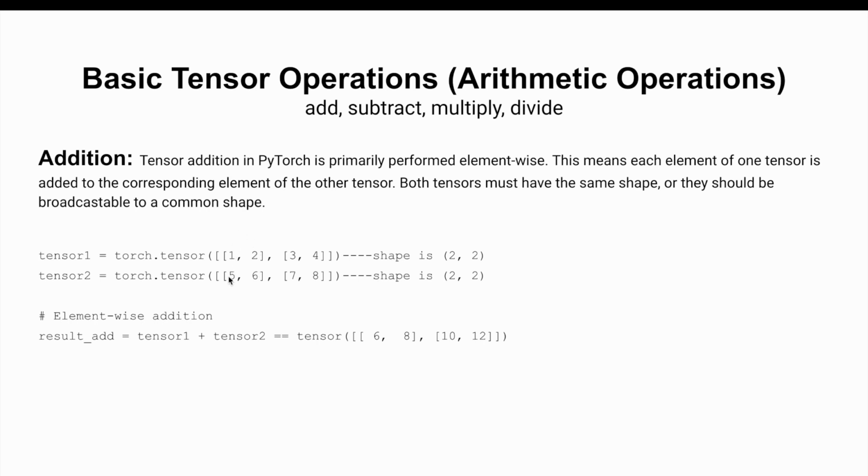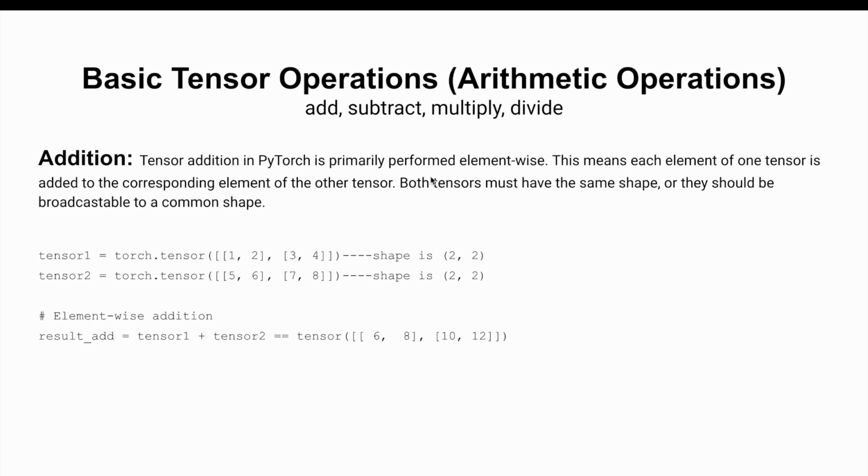This is one element in this tensor, and this is another element, this is another element, this is another element. So it's normally performed element wise. And what this means is that each element of one tensor is added to the corresponding element of the other tensor. Very important. Also very easy to understand.